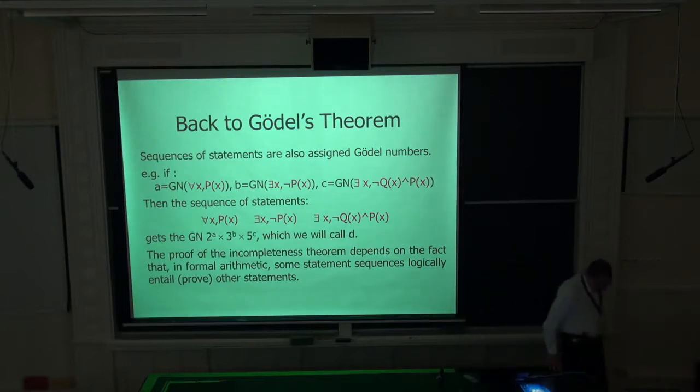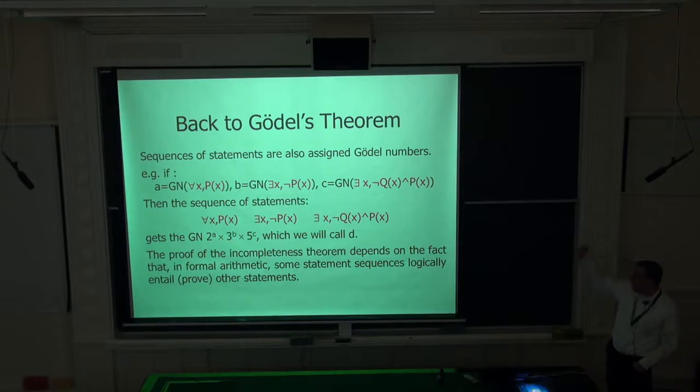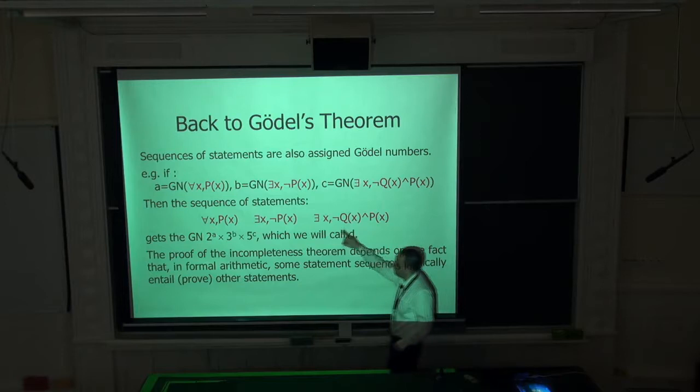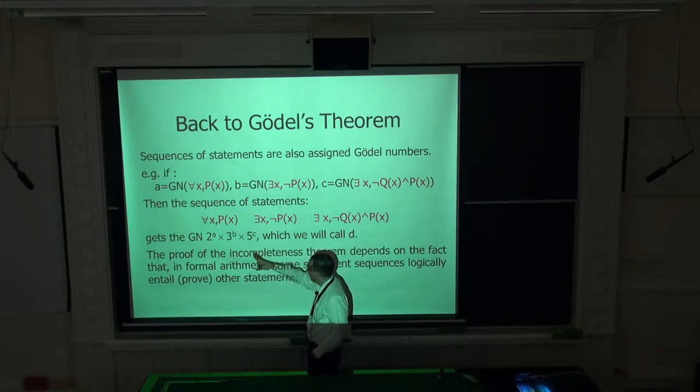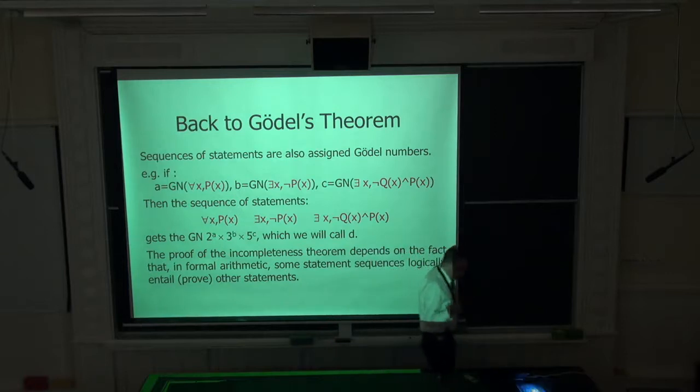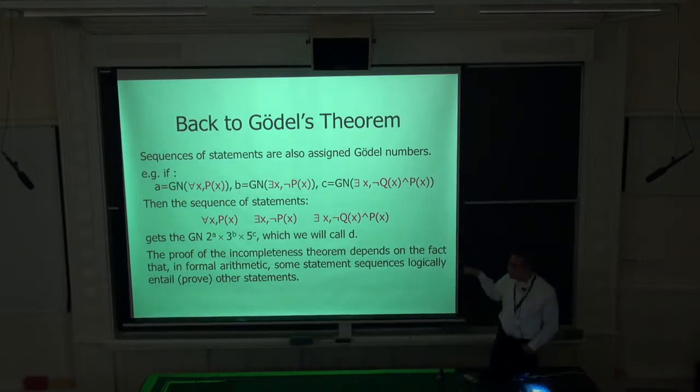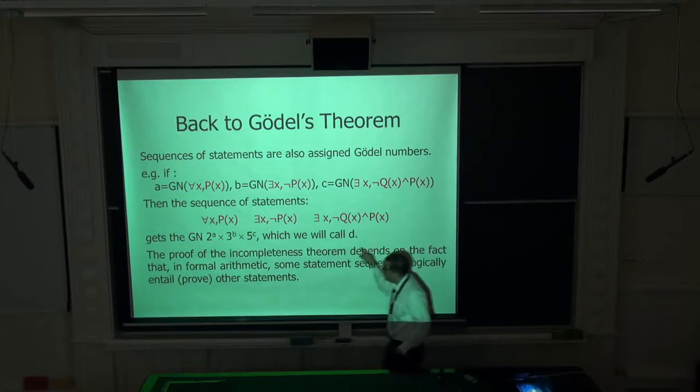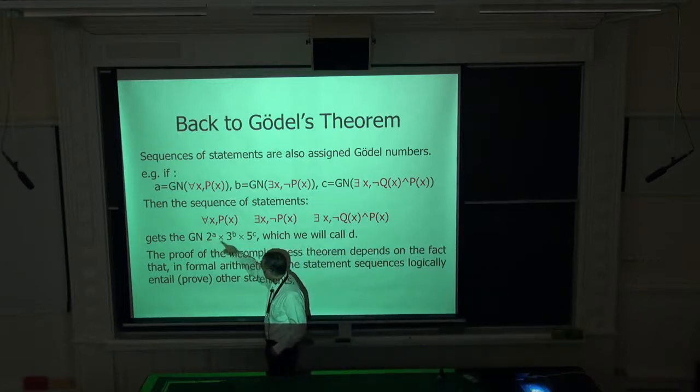How do I do it? I encode them as a higher order Gödel number, meaning that first of all, you encode each of these as I showed you before, and you get numbers that I call A, B, and C. And once you have done that, you plug those numbers into small primes again to get this number.